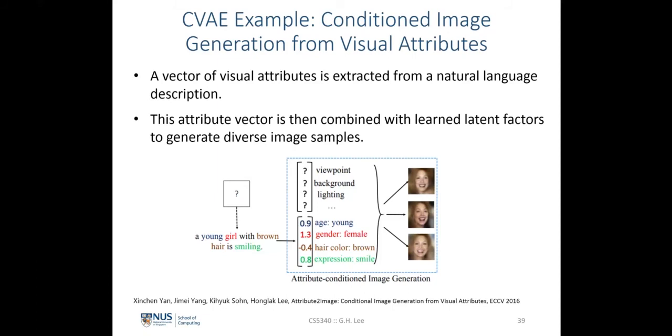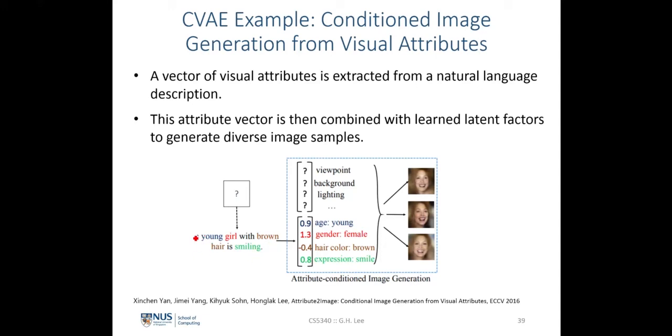So here's an example of the conditional variational autoencoder where we condition upon the image visual attributes. Instead of just randomly drawing a random sample that can contain all the different attributes here, I also want to control this attribute by inputting a vector, for example, a young girl with brown hair is smiling.